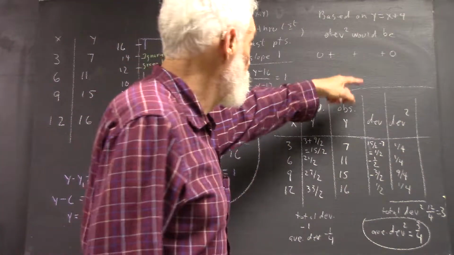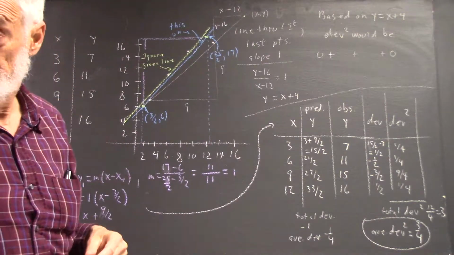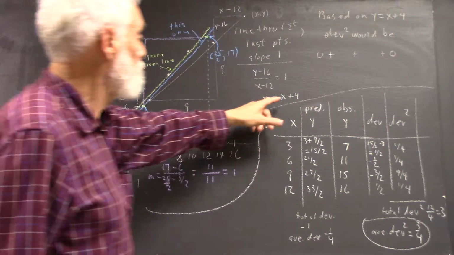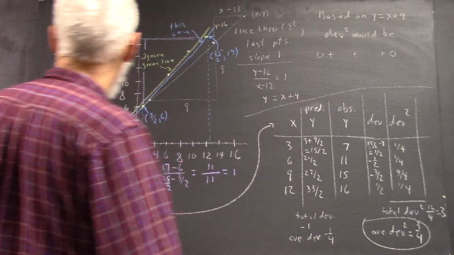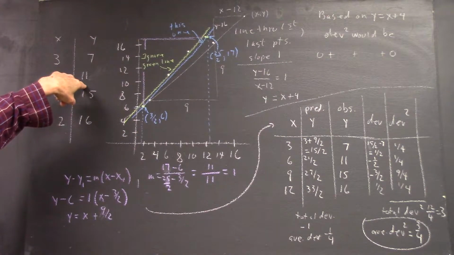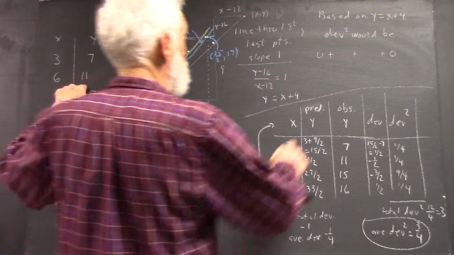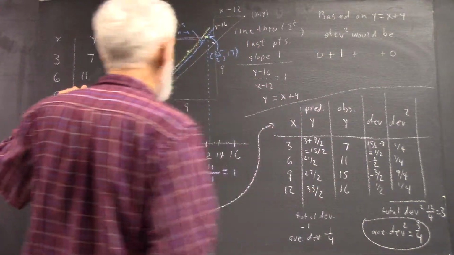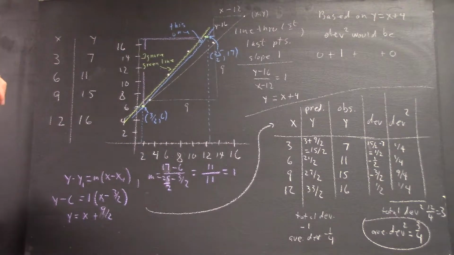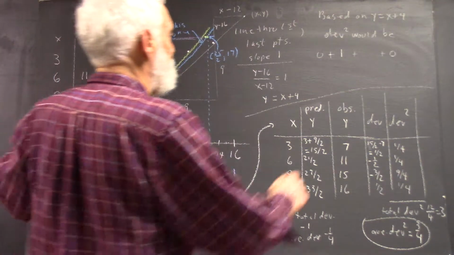Now the second and third numbers will be the deviations for these 2 points, right? Okay? So our prediction, if y equals x plus 4, would be 10, and our deviation would be 1, right? So our deviation of this point would be 1, and then 9 plus 4 is 12, okay? And our deviation would be 3.